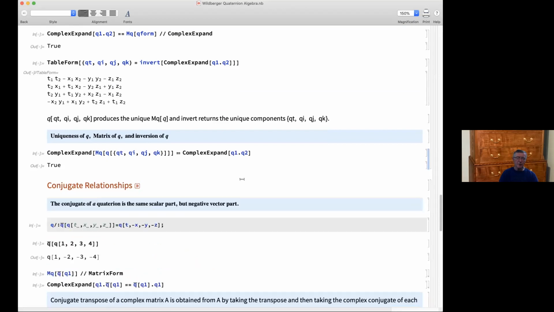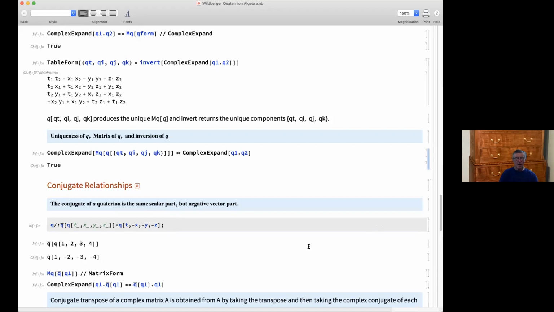We can ask for the conjugate relationship of a quaternion, which is the same as the scalar part, which is considered the real part, but take the negative vector part, since the vector part is complex. So the conjugate is defined as Q of T, but take minus X, minus Y, and minus Z in the n-tuple.